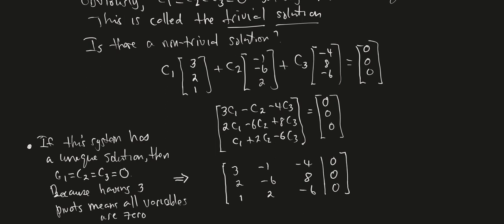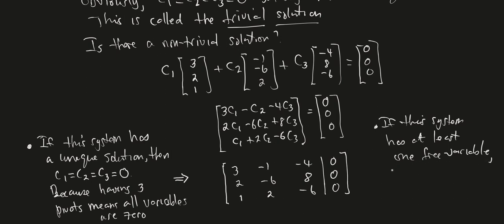So then the only other possibility, what we would love to see, is that this system has at least one free variable, right? So let's write that over here. So if this system has at least one free variable, then we are guaranteed to have a non-trivial solution, right?